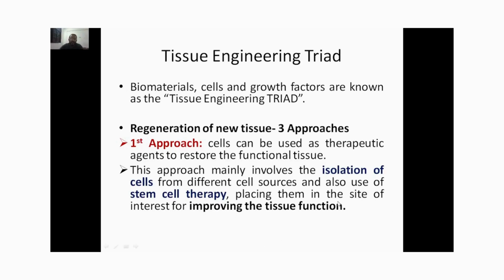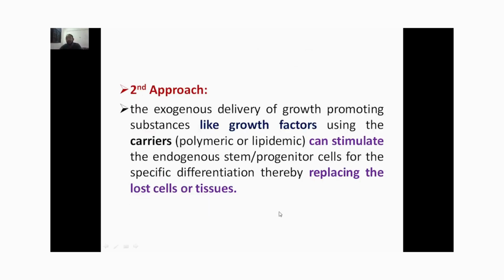So this approach mainly involves the isolation of cells from different cell sources, and you can also use stem cell therapy, placing them in a site of interest and improving the tissue function. The second approach is the exogenous delivery of growth factors or growth-promoting substances. How? By using carriers. Your carriers can be polymeric or lipidemic, whatever it is.